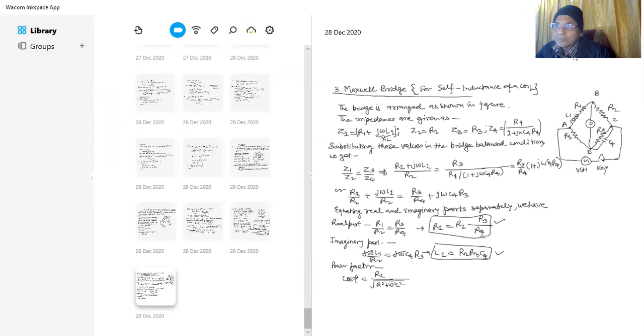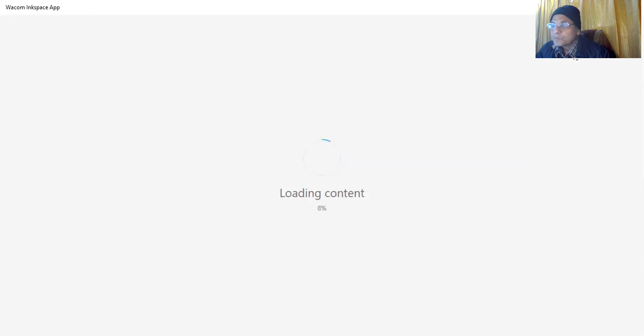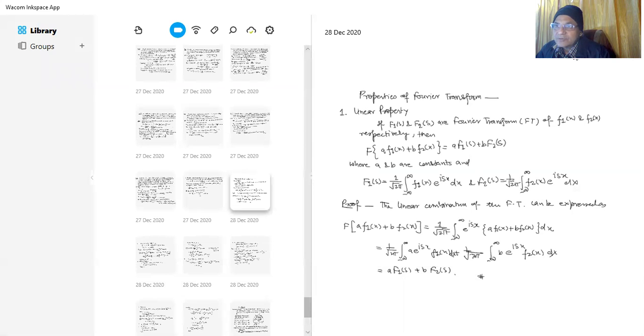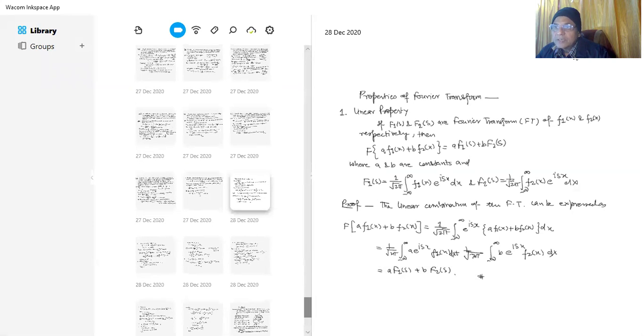Now we have to discuss some numerical problems that we have considered in the discussion part, and that is numericals based on the AC circuit.